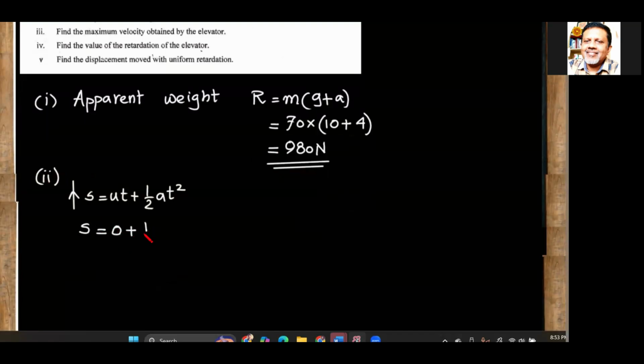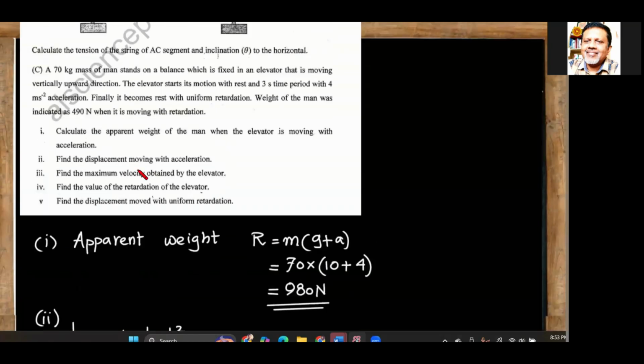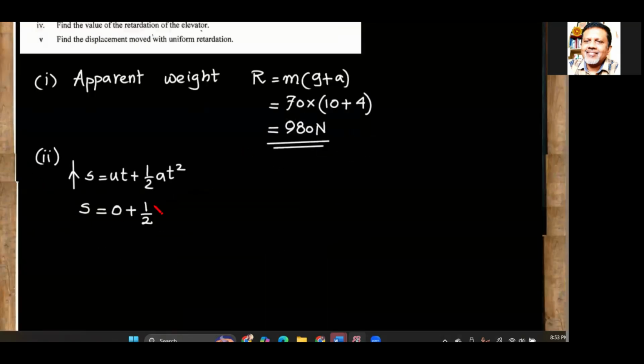Then half. It is moving upwards, right? It is not moving under gravity, but the elevator is actually controlled by a system of pulleys, and it can maintain an upward acceleration of 4 meter per square second. Therefore, acceleration must be 4.